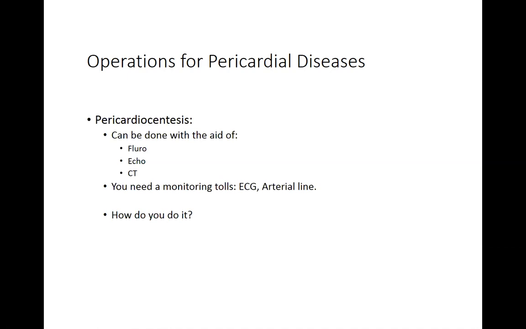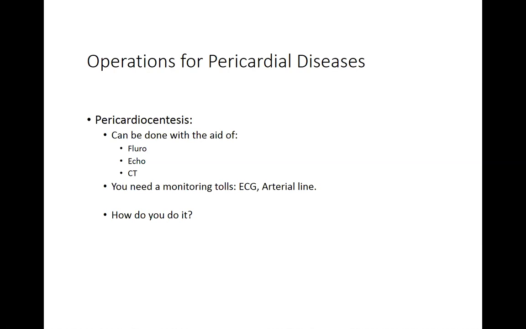There are two ways to do it. You sterilize the area you will go in. You prepare your instruments and the catheter, and you go with the needle either from subxiphoid or from the 5th intercostal space, anterior axillary line, with help of ultrasound.